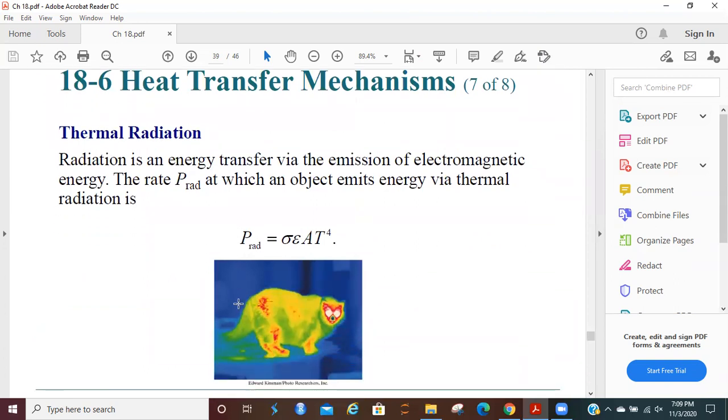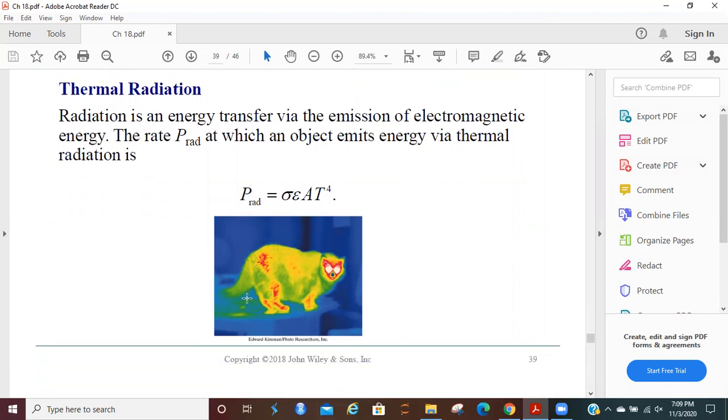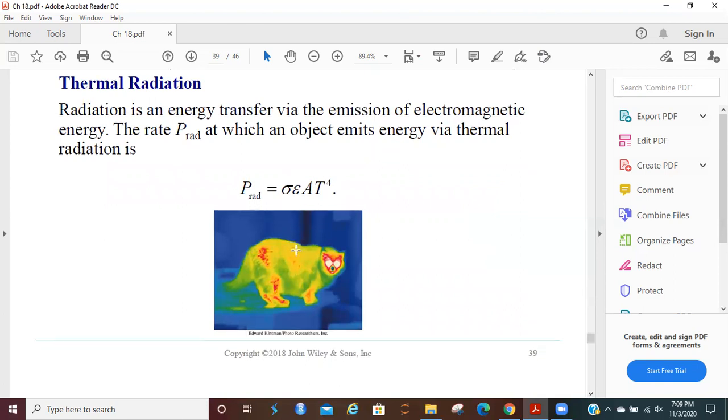Thermal radiation. Radiation is an energy transfer via the emission of electromagnetic energy. The rate at which an object emits energy via thermal radiation is going to be given with this particular formula. You can see that it depends on temperature to the fourth power.